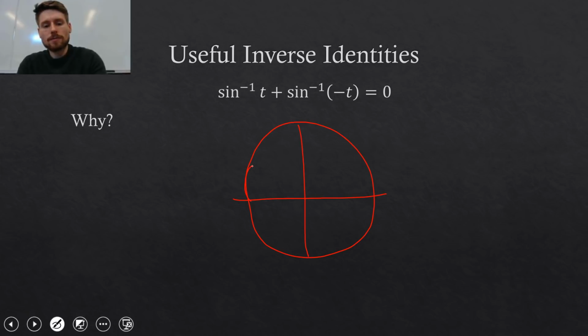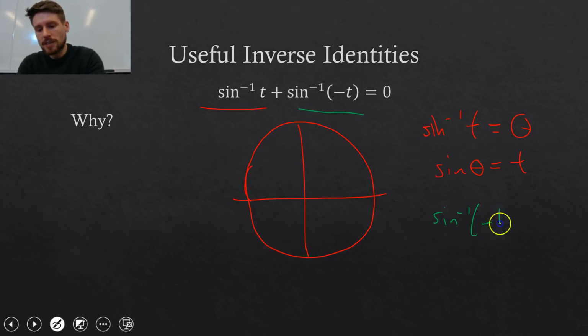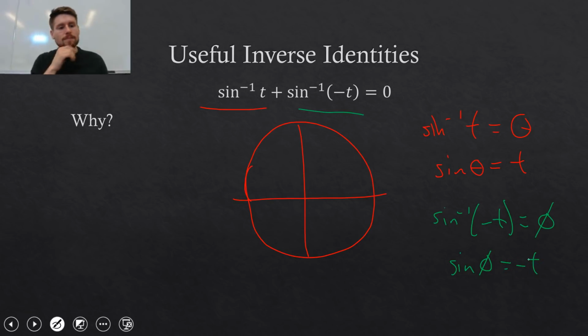Okay, so the first thing is saying sine inverse of t equals the angle where sine of the angle equals t. Okay? The second part is saying sine inverse of negative t is another angle where sine of that is negative t. Okay? So now we've got some pictures to draw.